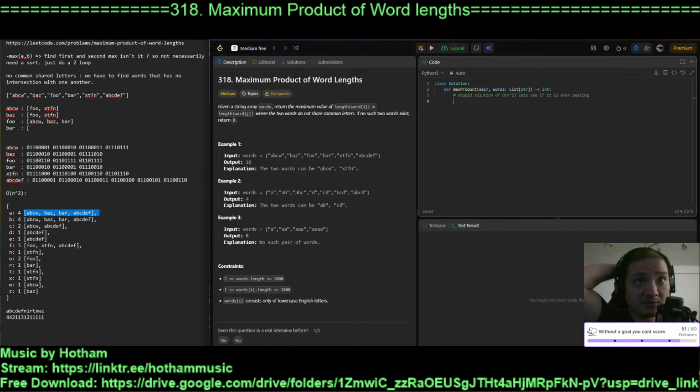So basically what we do is for word in words, for i in range of length of words, right? So we basically have O(N squared) stupid, for j in range of i to the same, right? Length minus 1, right? So basically we found two words, right? We compare their frequency, right?